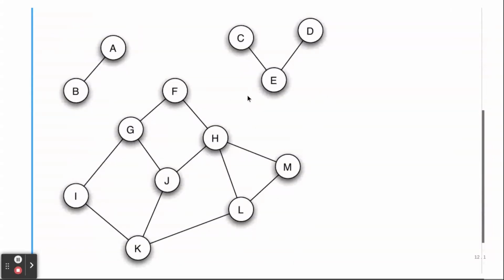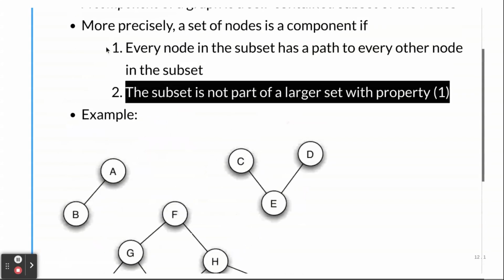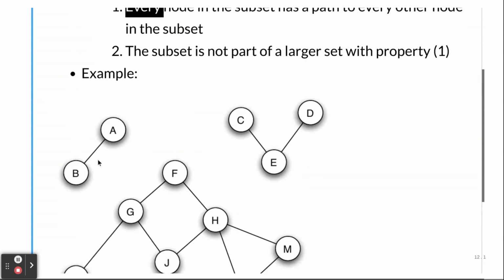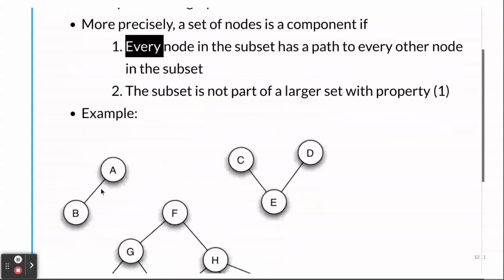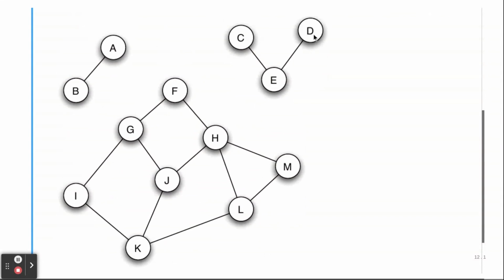So let's see an example here. The nodes A, B form a component because starting from either A or B, there is a path that connects to the other. That's condition number one. And the second condition is that neither A nor B is part of any larger collection of nodes that is also connected. So here, if we were to throw in any additional nodes, it would now be unconnected.